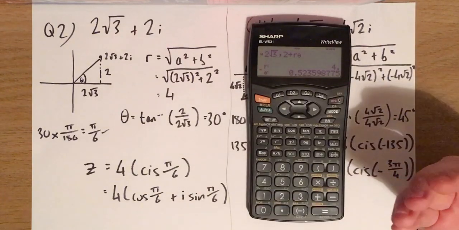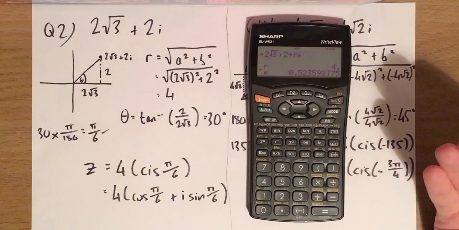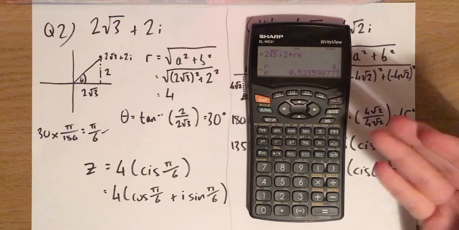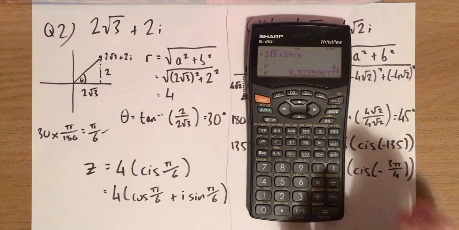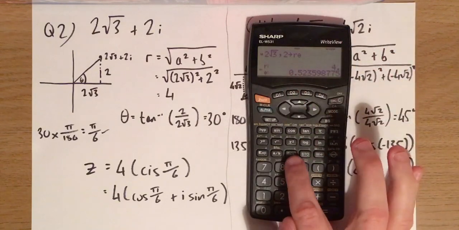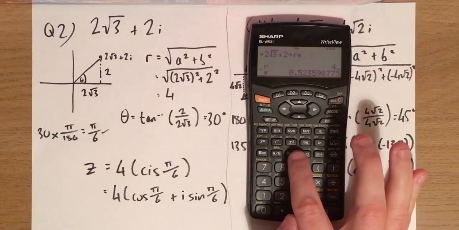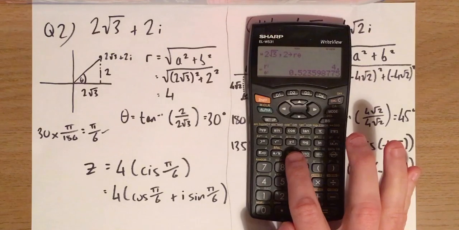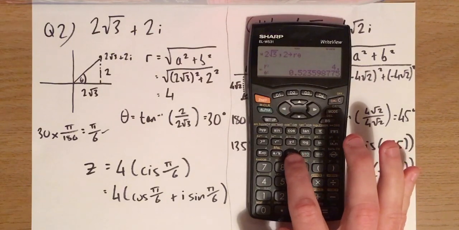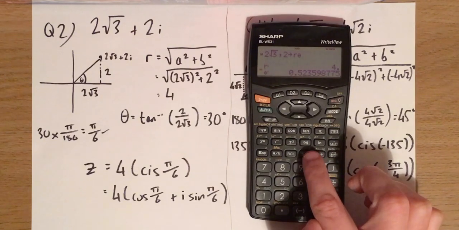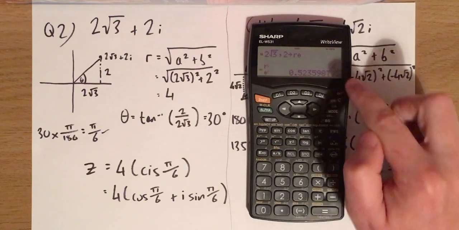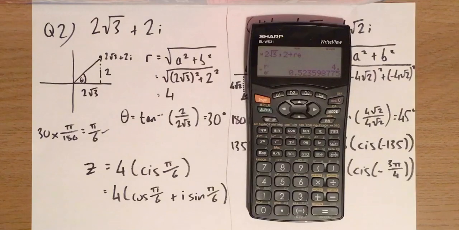Getting it in the form I want is very like when I wanted to change the modulus from a decimal to a surd. When I wanted to change the modulus, it was above the RCL. There was a green X. The X there is where the calculator stores the modulus. It's above STO where there's a green Y. That's where the calculator has stored the argument, the angle, the theta.